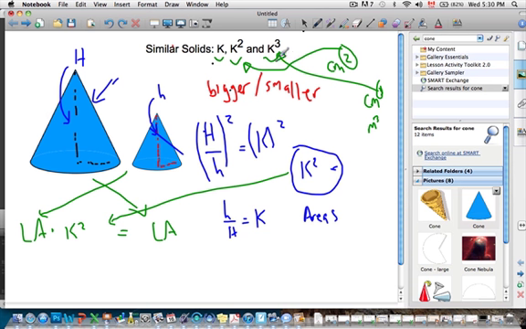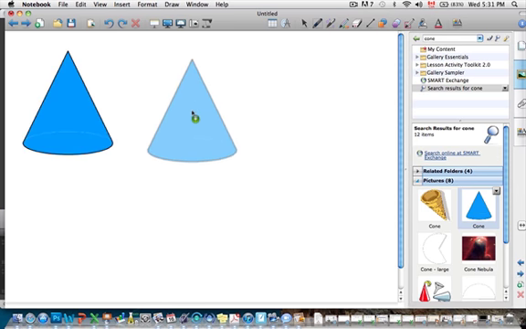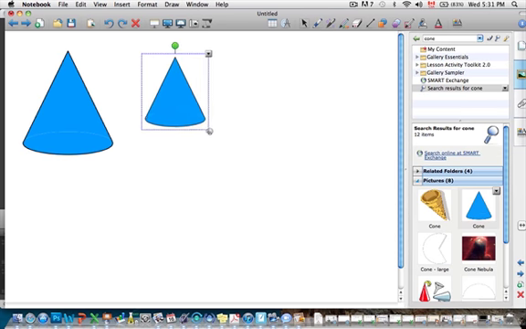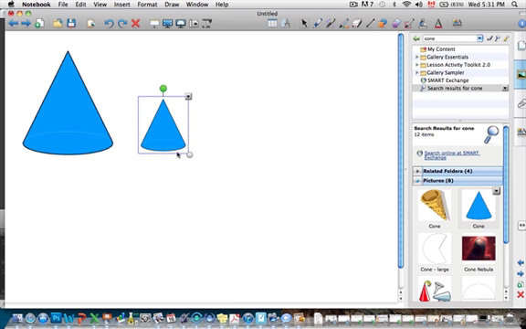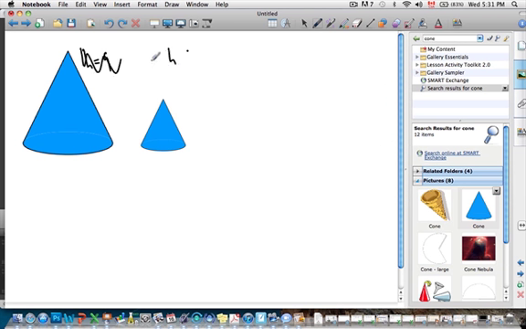So let's actually do a problem with two cones. Here's a cone, here's another cone. The height of one is 9, the height of the other is 3, and the height here is 2.